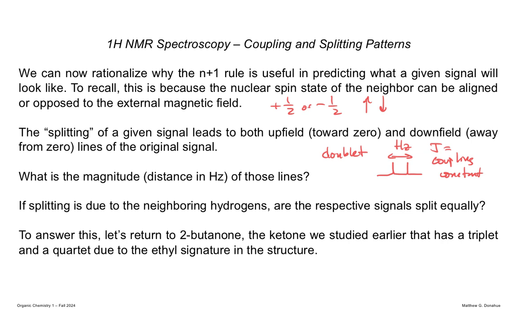So if splitting is due to neighboring hydrogens, are the respective signals split equally? And so the answer is yes. And we'll look at that ketone 2-butanone, specifically related to this quartet and triplet signatures that we saw.